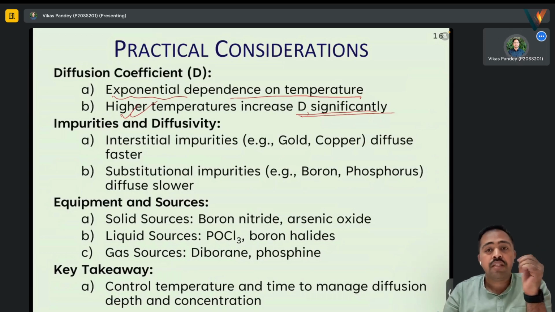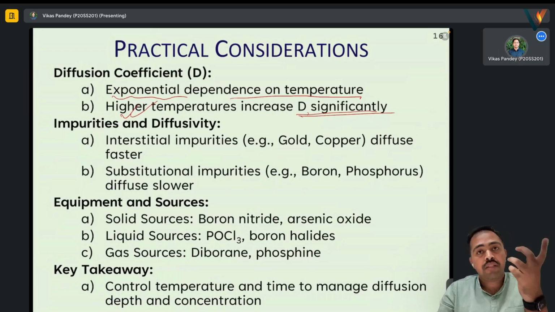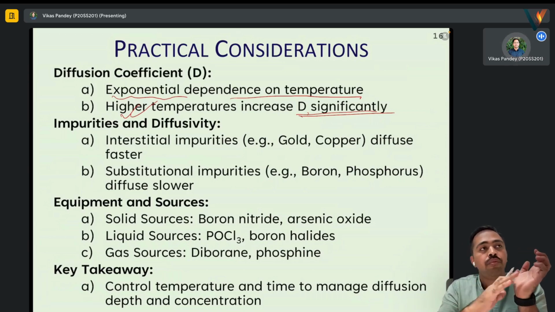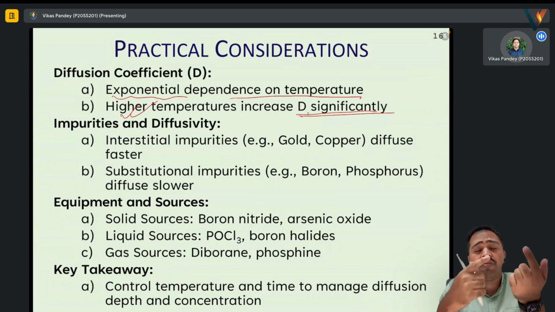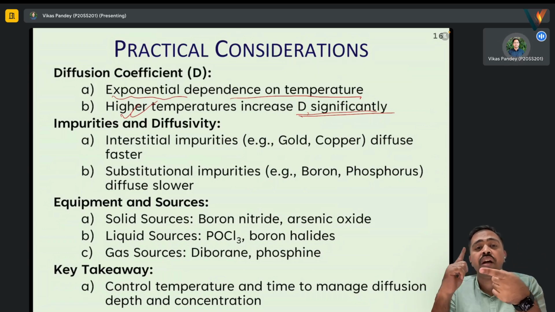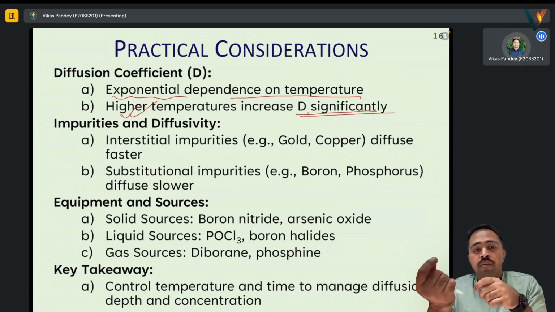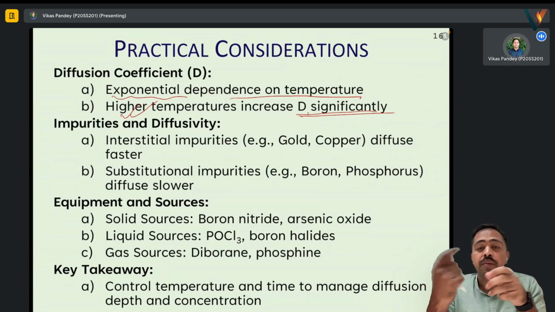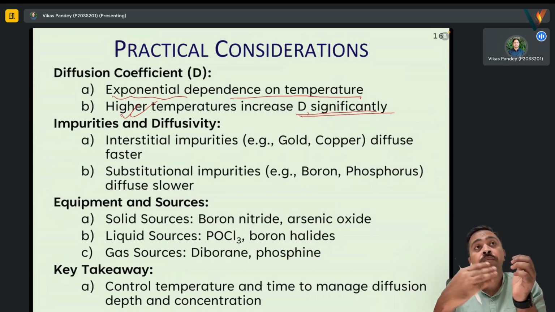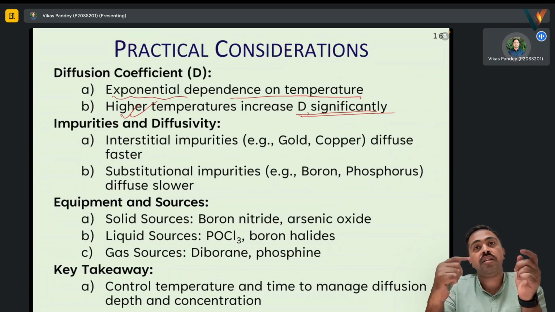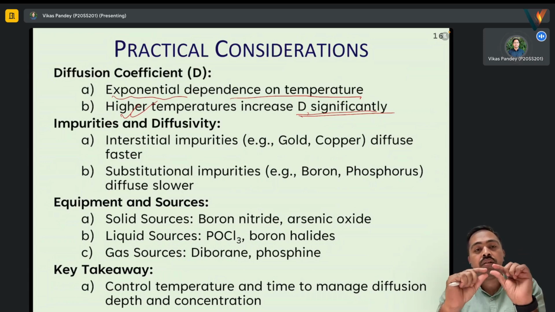Since we have the constant D there, the flux will increase if we have higher D, and D has a dependence on temperature, not direct but exponential. That means with a small increase of temperature, we will see a very large, significant increase in D.